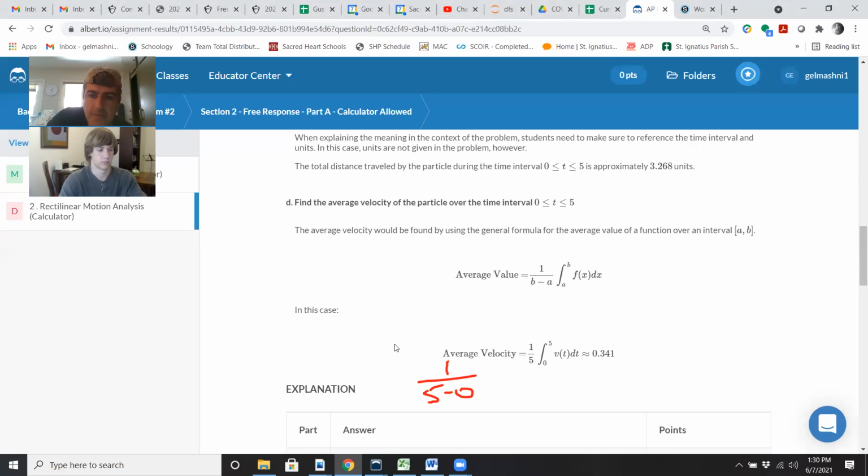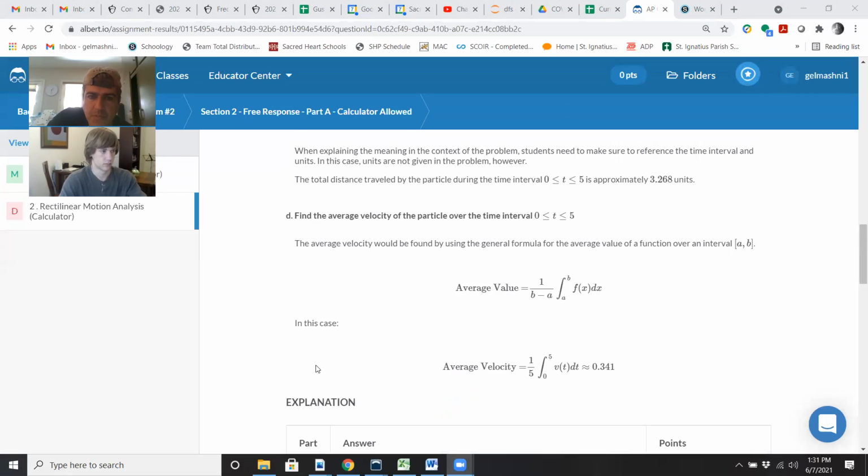There we go. But you don't use an absolute value. If I did have an absolute value, I'm not sure what that would represent, because it would make sense to say average distance, but yeah, that's the average value of velocity right there.